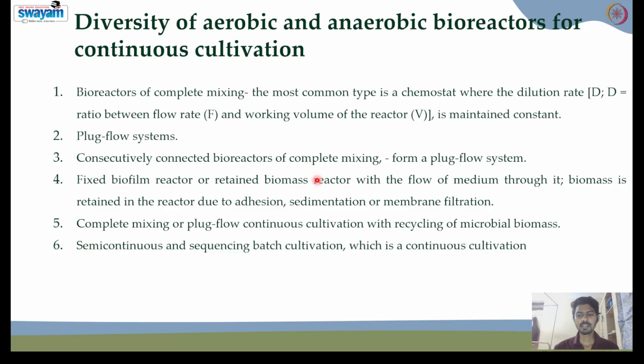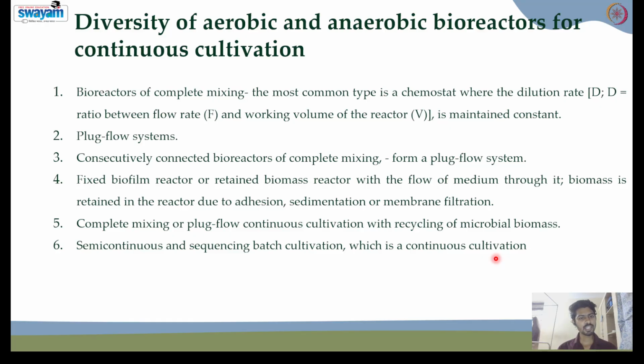What happens here is we send the flow of media into it, where biomass is either retained or collected separately through membrane filtration or sedimentation. Then there is recycling with plug flow or chemostat systems, and the last is sequencing batch cultivation, which is a continuous cultivation.